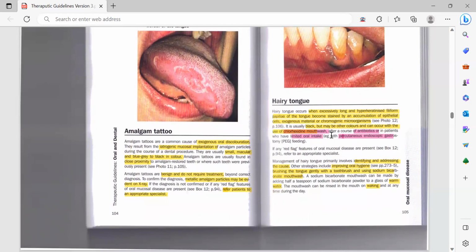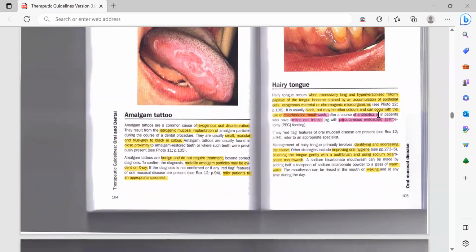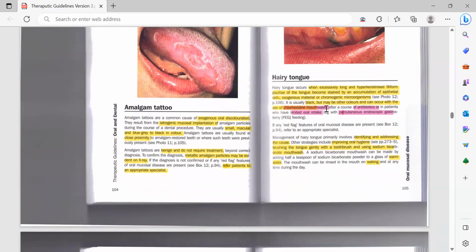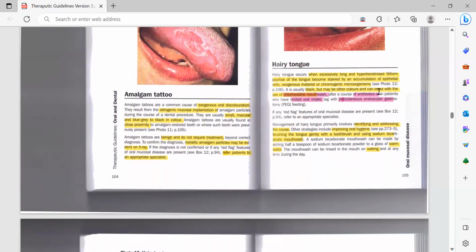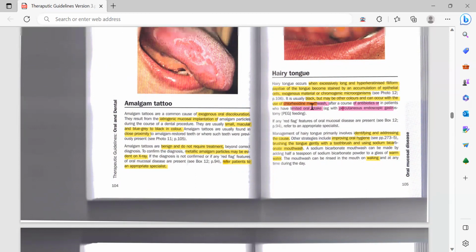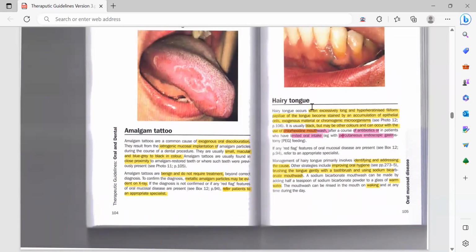It is usually black, but may be any other color, and can occur with the use of chlorhexidine mouthwash because that also has the property of staining, after a course of antibiotics, or in a patient who has limited oral intake. Because you all know that whenever we are eating or using our tissues, these papillae are continuously shedding and new ones are forming.